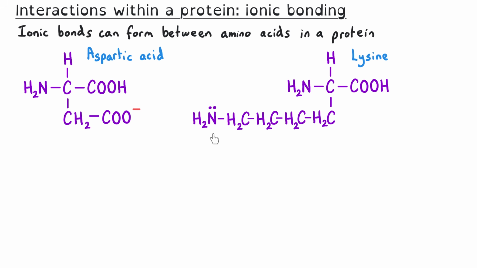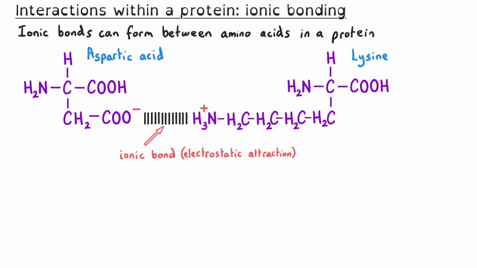Lysine, on the other hand, has an amine group in its side chain, and that can gain a proton, forming a positively charged NH3+ group. When these two side chains are close together in the folded protein, the opposite charges attract, forming an ionic bond.